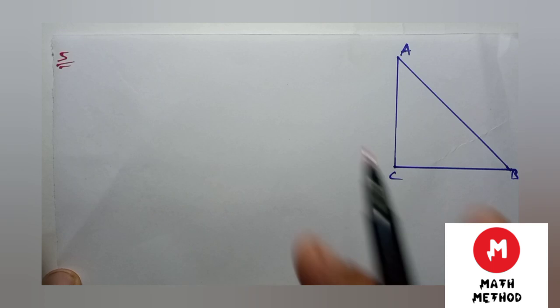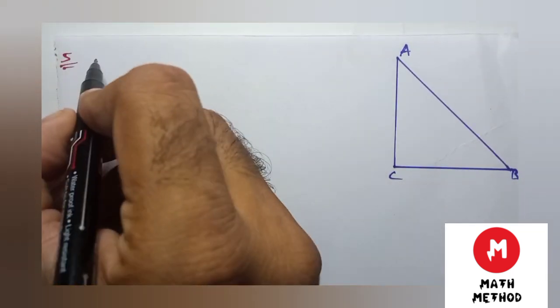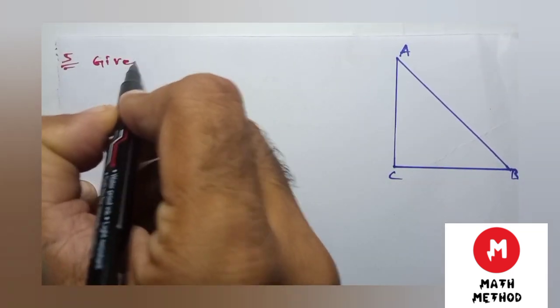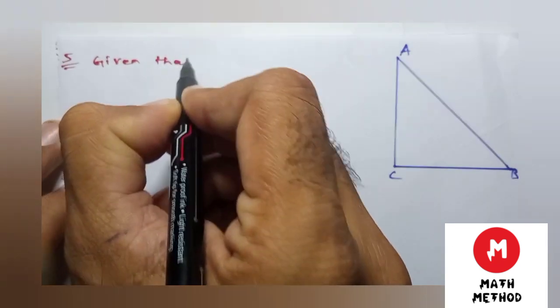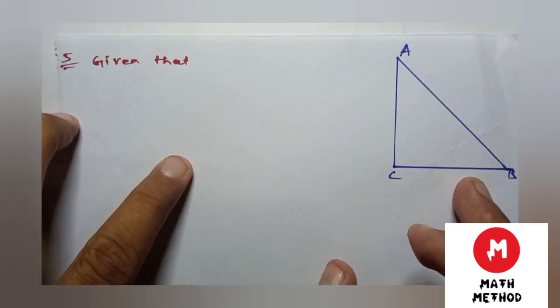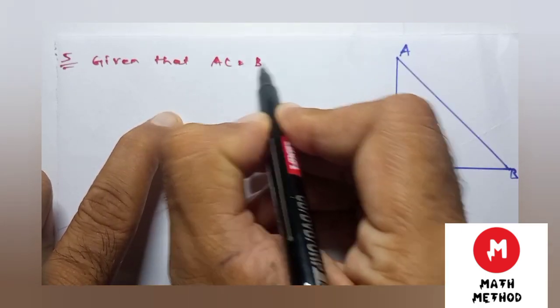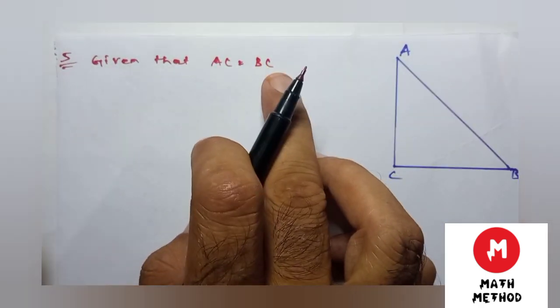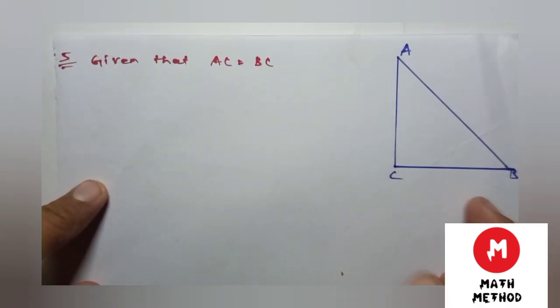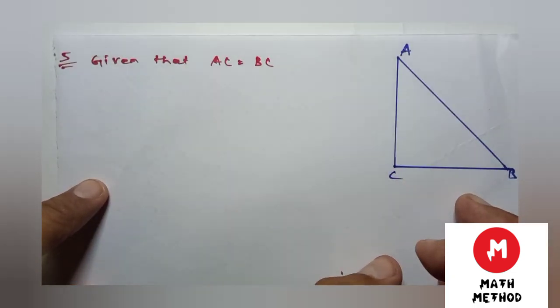Clear? Now it is given that AC is equal to BC, and because AC is equal to BC, ABC is an isosceles triangle.